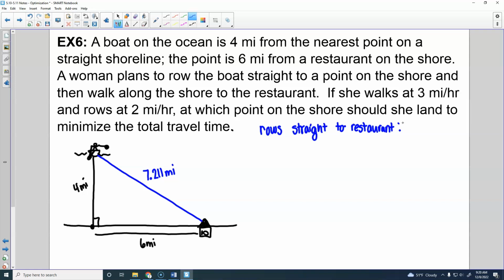We're going to divide by 2, and we get 3.606 hours.